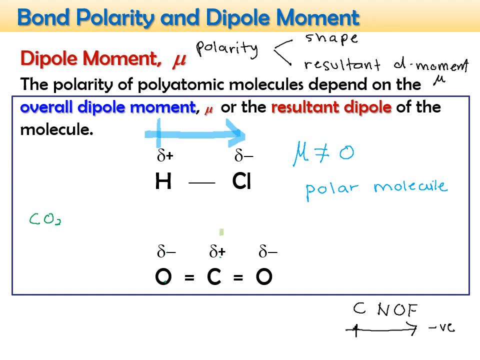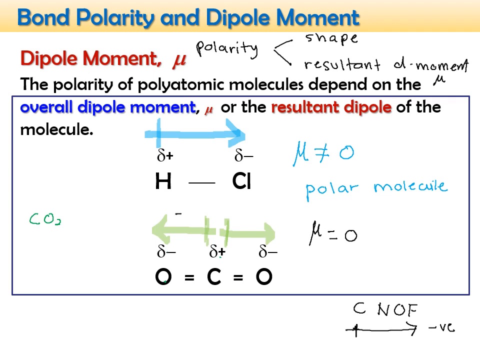Therefore, for the dipole moment, you can represent it this way. There will be two dipole moments, two arrows, one pointing to the left and another pointing to the right. For this case, your mu, the dipole moment, will be equal to 0. Why equal to 0? To make you understand, I will just put a value.